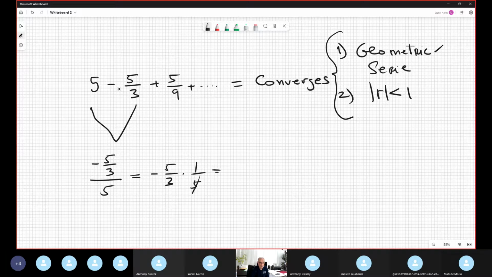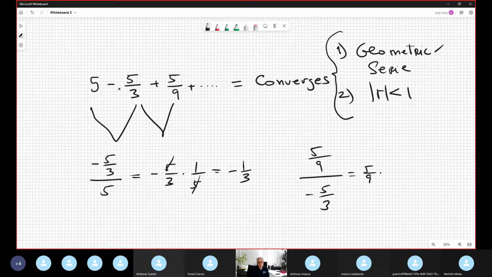The 5 cancels, and it's negative 1/3. Now you divide again for verification: 5 over 9 divided by negative 5 over 3 is 5 over 9 times negative 3 over 5. The 5 cancels, the 3 cancels, and again we have negative 1/3. Super. The common ratio is negative 1/3.